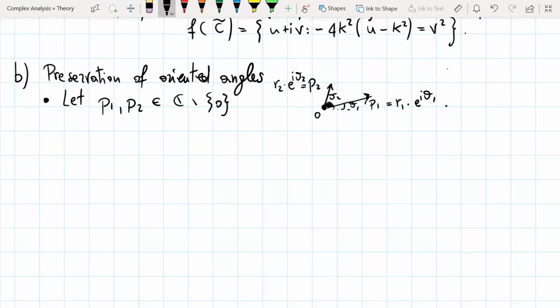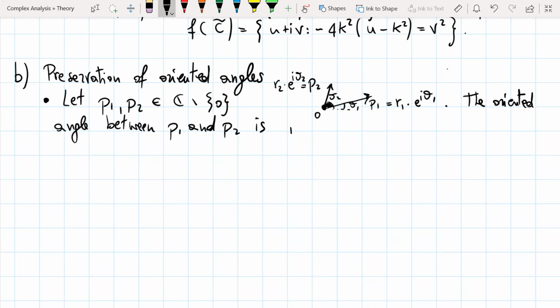So we can give the definition, the oriented angle between P1 and P2 is given by P1, P2 with a hat above.